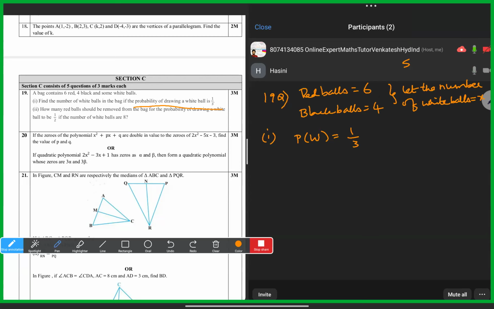The number of possible outcomes of the white ball by total balls is the formula.